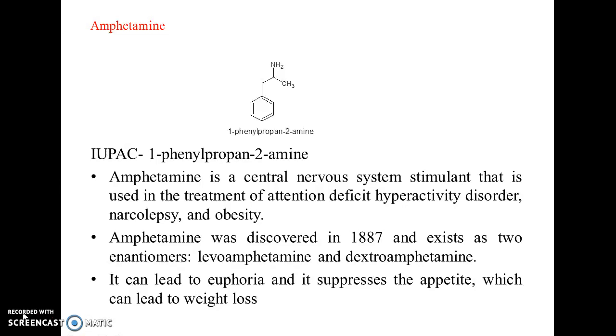It can also lead to euphoria, and it suppresses the appetite, which can lead to weight loss. So like that, here we can see different amines which have different applications. Amphetamine is mainly used as a CNS stimulant. Thank you.